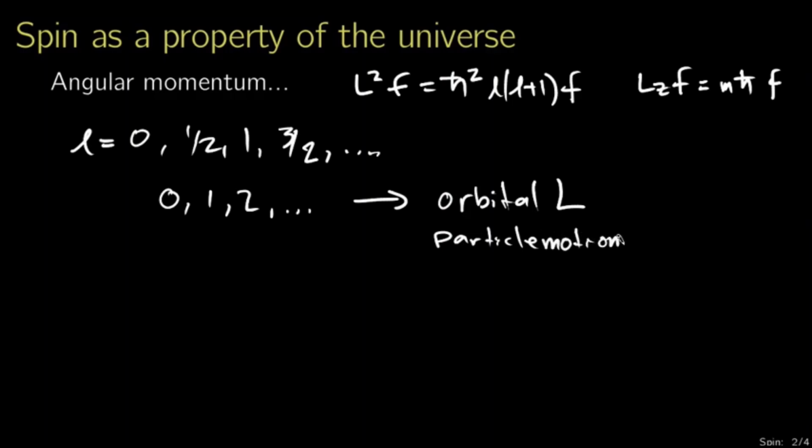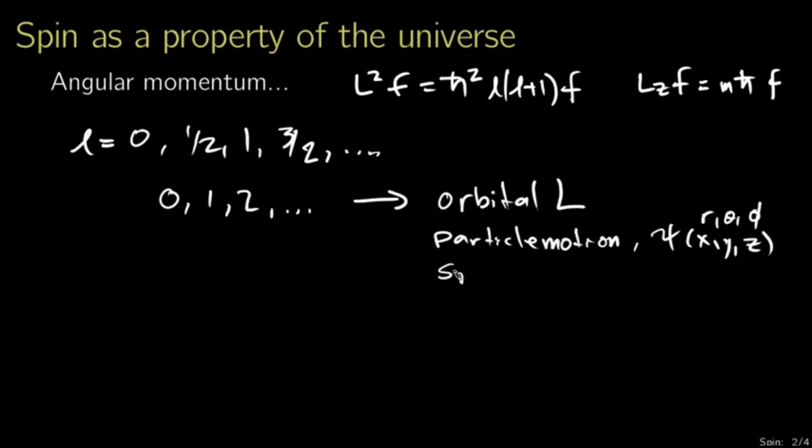And we can write a wave function, psi, of x, y, and z, or perhaps more accurately r, theta, and phi, that has this property of orbital angular momentum. You know what the answers for this are already. We've discussed it in previous lectures. The wave functions with specific values of L squared and L sub z, the eigenfunctions of the L squared and L sub z operators, are the spherical harmonics.